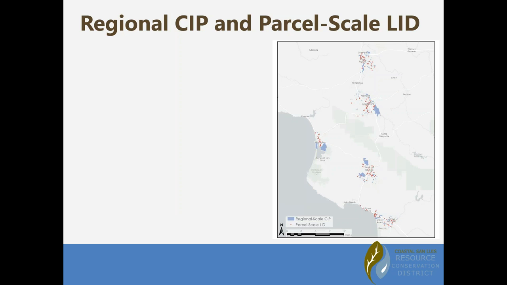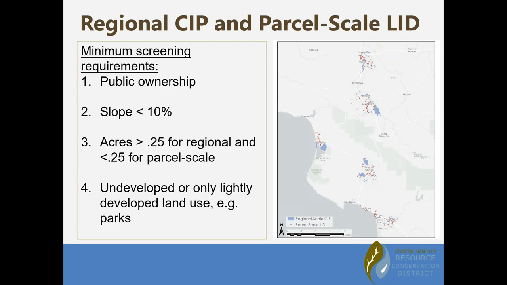So looking at our three project types, the regional capital improvement projects and parcel scale LID, going through that first step of screening, the screening requirements are that these areas are in public ownership, the slope is less than 10%.